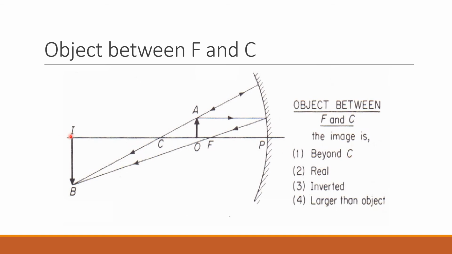Next one. See, the reflected rays are actually intersecting. If they are actually intersecting, then in that case, a real image will be formed. This image will be real. Coming to our third point, this is the direction of the object. The object is pointing upwards, whereas the image is pointing downwards. So in this case, what kind of image will be formed?